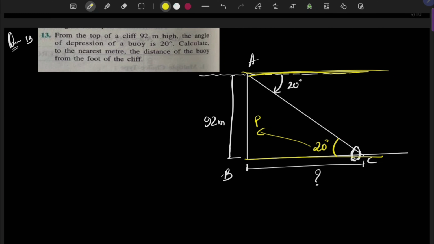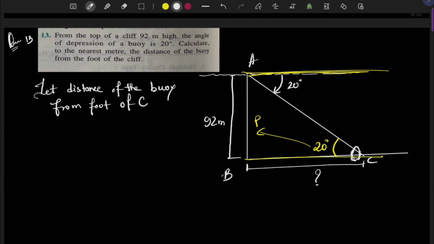So here we will write let the distance, we can write BC also, let the distance of the buoy from foot of cliff is equals to x meter.